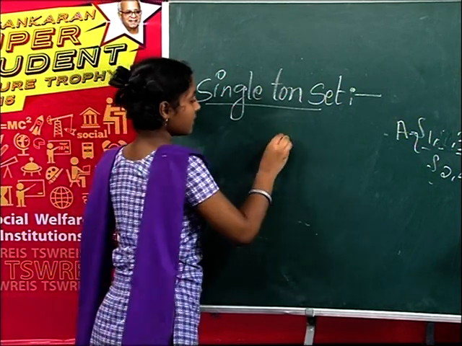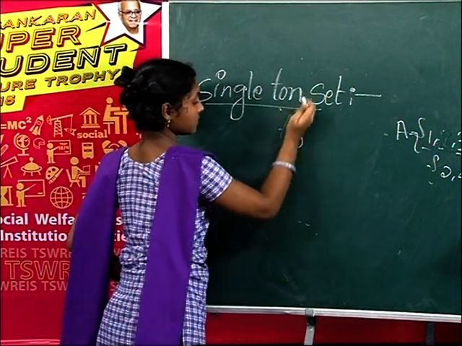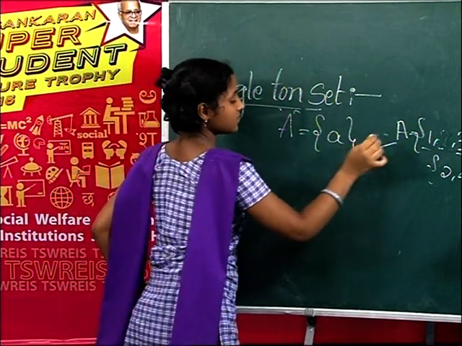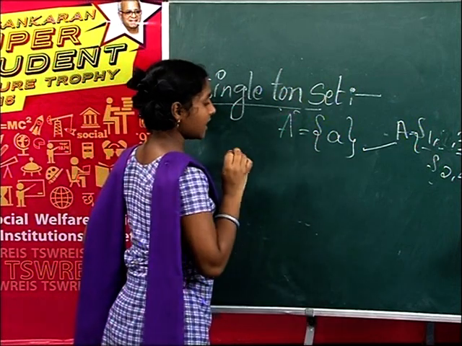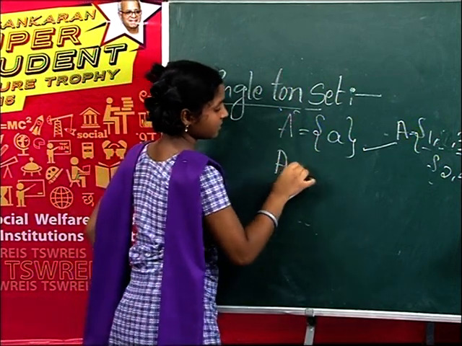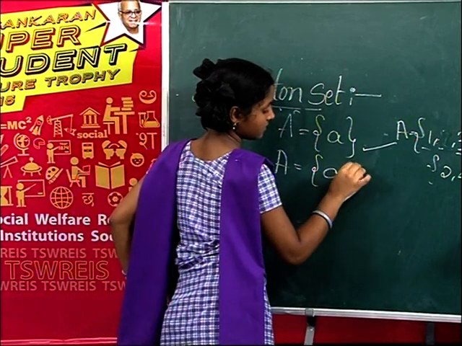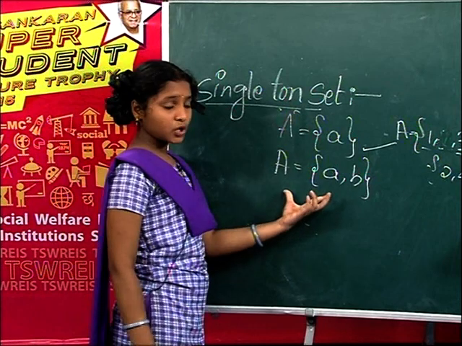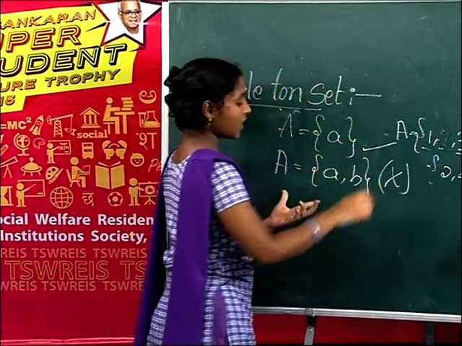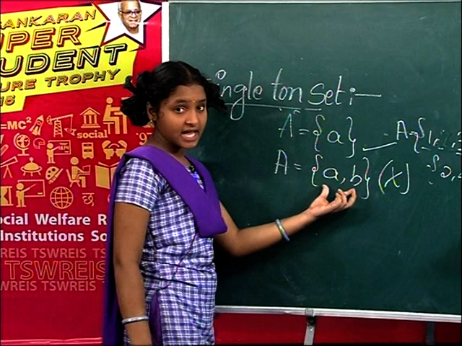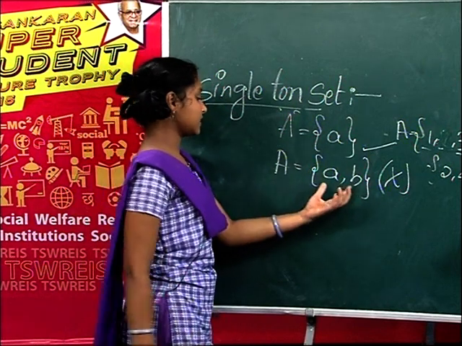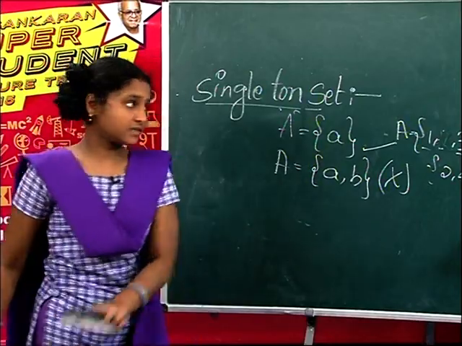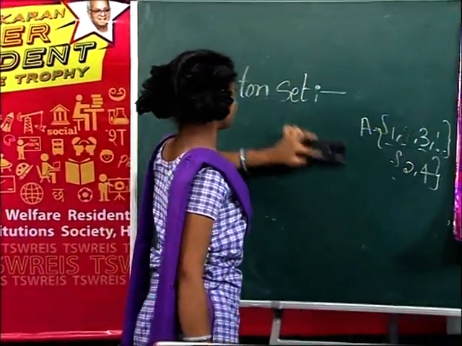If I represent a set with two elements, is this a singleton set? No, because we have two elements inside the set, so this cannot be called a singleton set. We can write many examples.